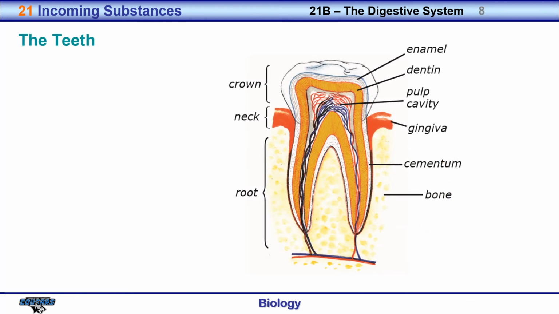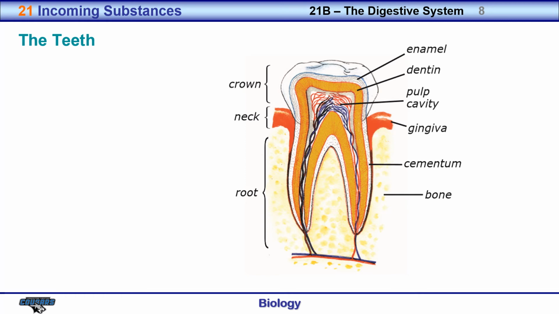So one thing I forgot to tell you is that in the back part of your mouth, when you get to be like your early teens, you start getting your wisdom teeth, and these are the last molars. Some people, they don't completely emerge out of the gum.